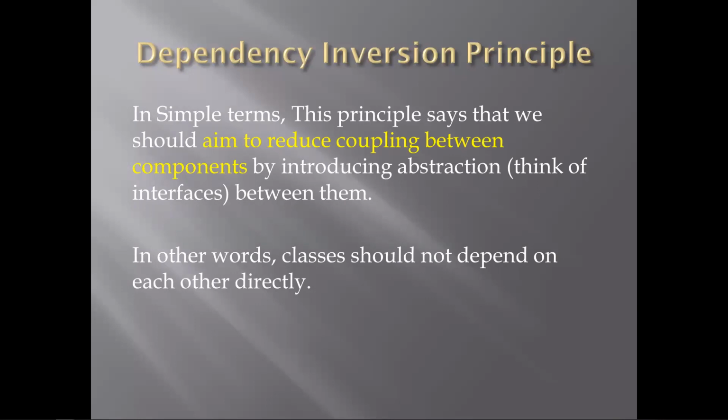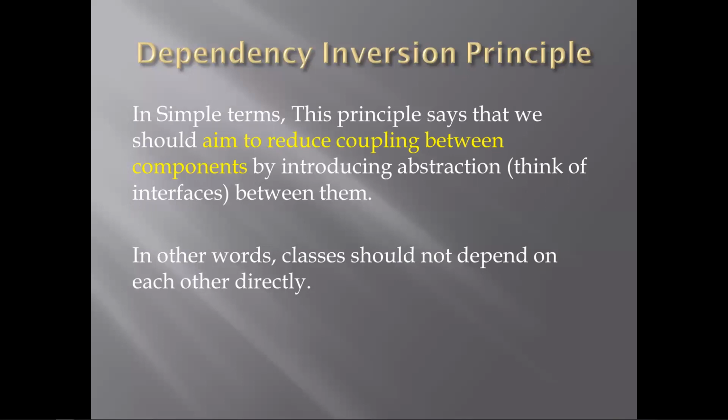Suppose you have class A and class B and class C. So class A should not directly depend on class B, or class B should not directly depend on A or C. You need to try decoupling between these components. If there are dependencies, then these are tightly coupled.